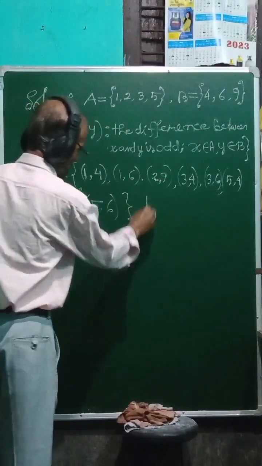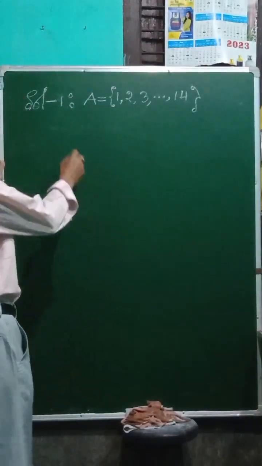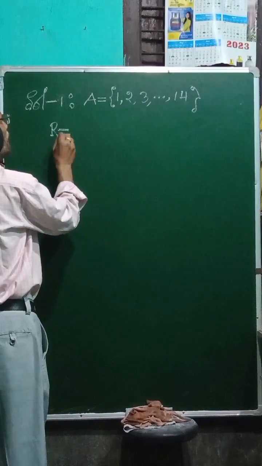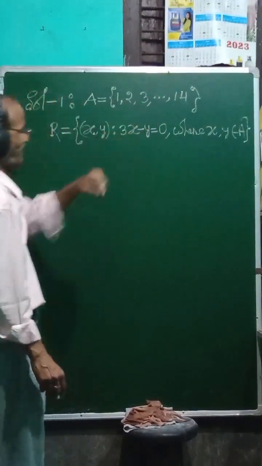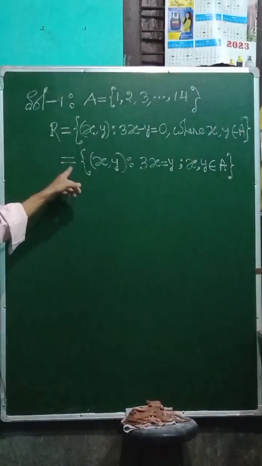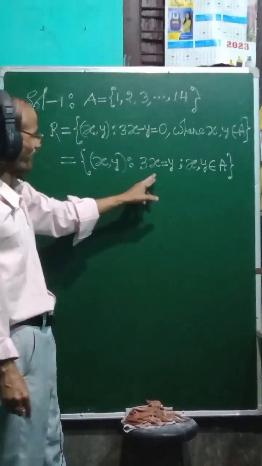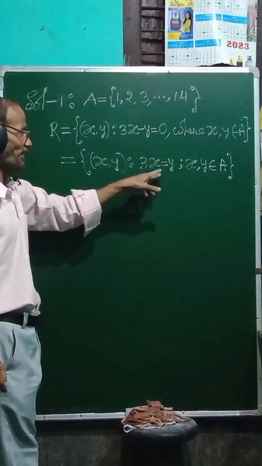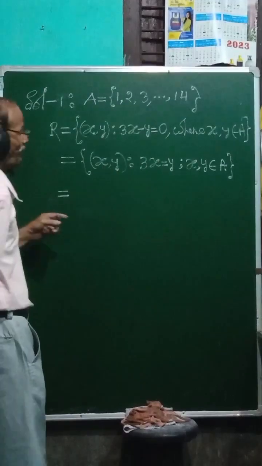Now we are taking the question 1. A is equal to this. R is equal to {(x, y) such that 3x minus y is equal to 0, where x, y belong to set A}. I can write like that. 3x minus y is equal to 0 is nothing but 3x is equal to y. Very easy format. Now you convert it into roster form by seeing this relation.